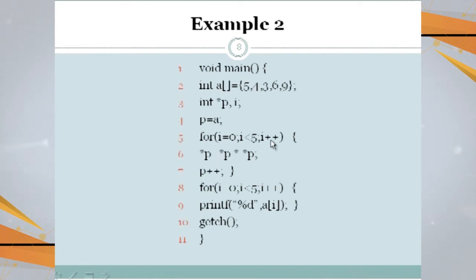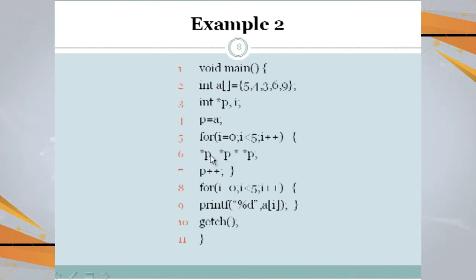Then the loop cycle will be repeated. The new value of i will become 1, 1 less than 5, the condition is true. Now p is pointing to the second element of the array after the p++ statement executed in the first cycle.